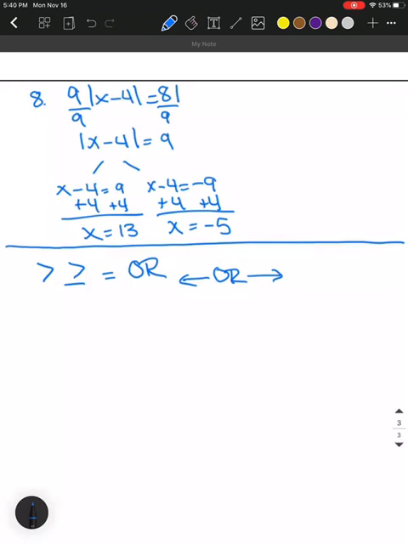So just to recap, for our and statements, we have less than. Can you hear the and in less than?